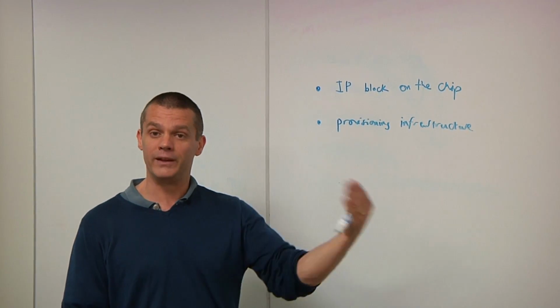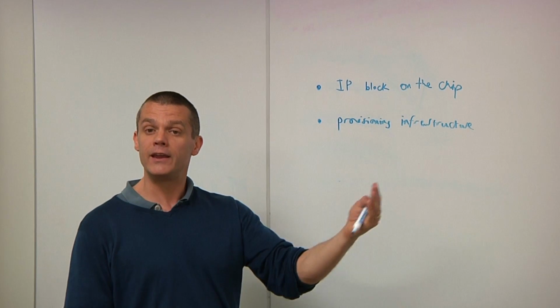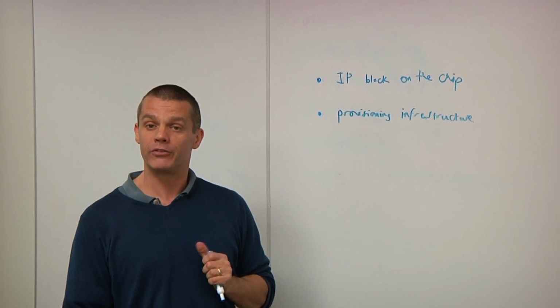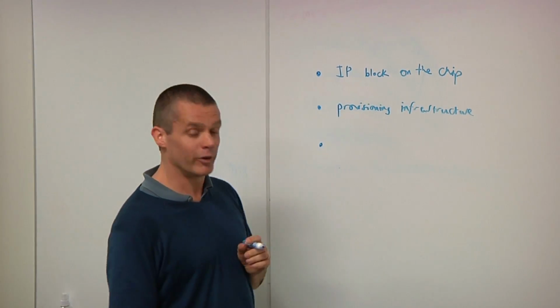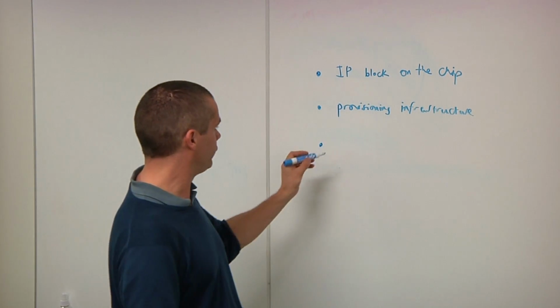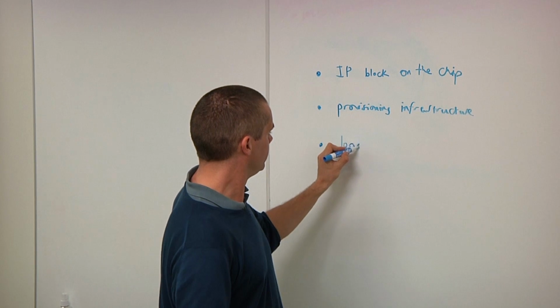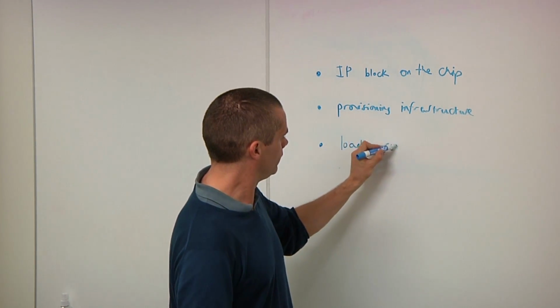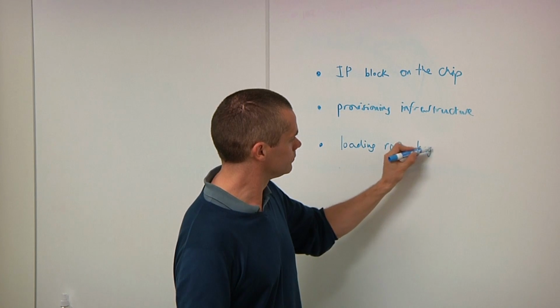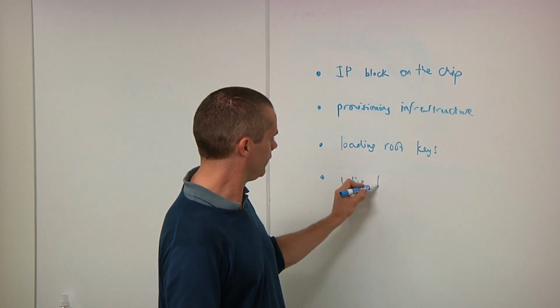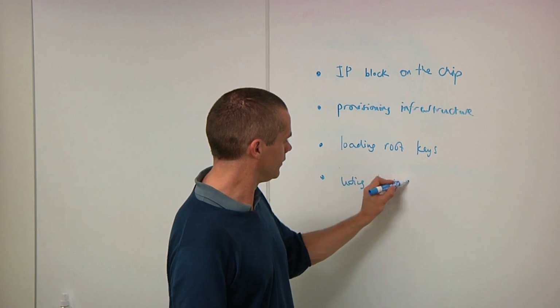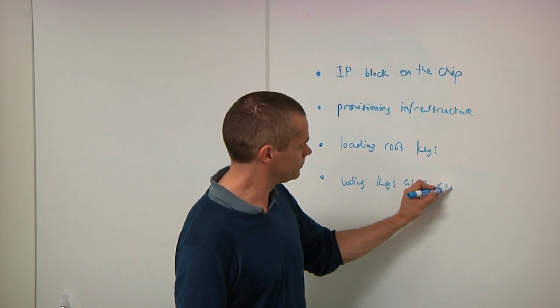Those services could be helping, for example, the TEE or any generic application on the device after it's manufactured. So from a functional perspective, it's about loading root keys and then using those keys as a root of trust.